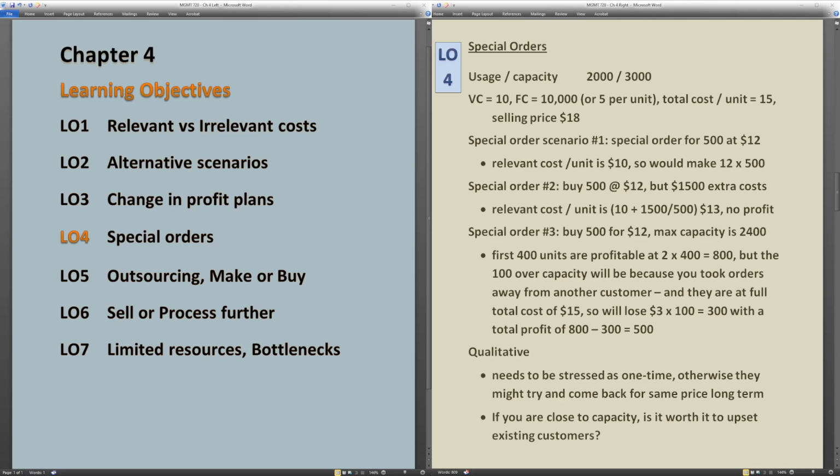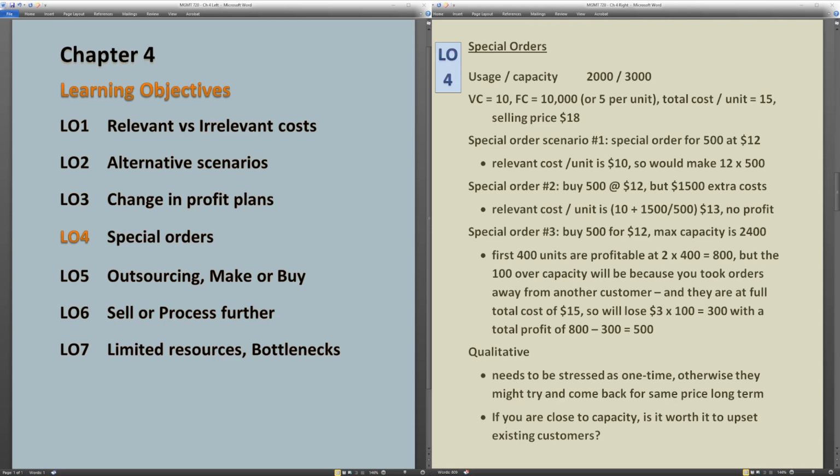So special orders really rely upon excess capacity. And this is why. Looking at number 3, if our max capacity was only 2,400 units and they wanted us to build an additional 500 units, well, obviously we have capacity for the first 400 units of that special order, and they would be done sort of as special order scenario number 1.